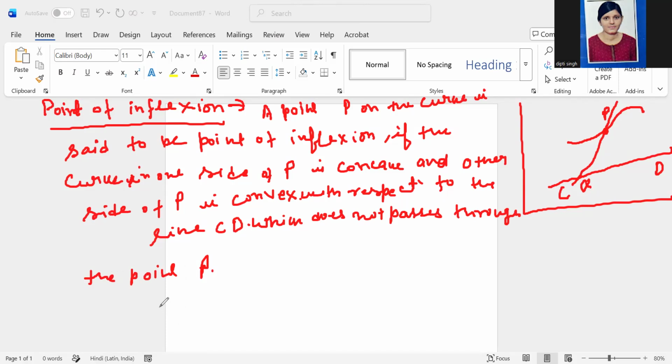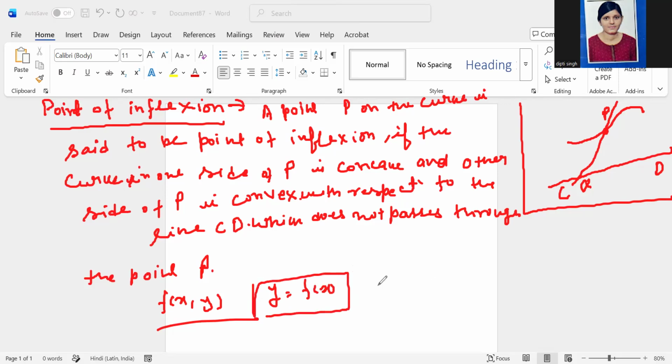If we have a curve, we can say y equals a function of x. To find the point of inflection, we need to calculate the first derivative with respect to x, the second derivative with respect to x, and the third derivative with respect to x.